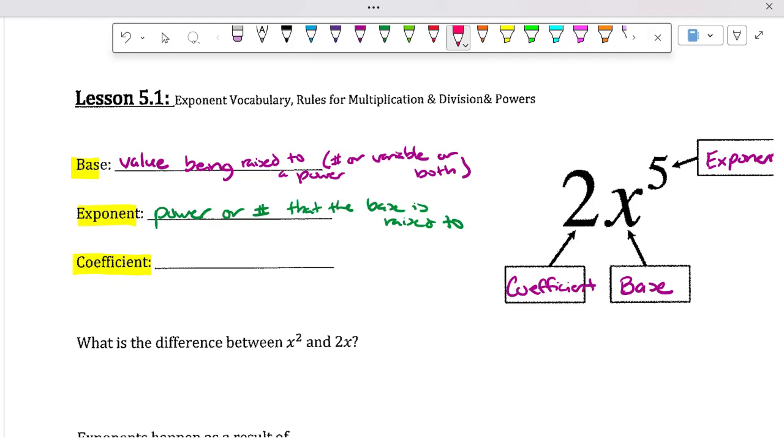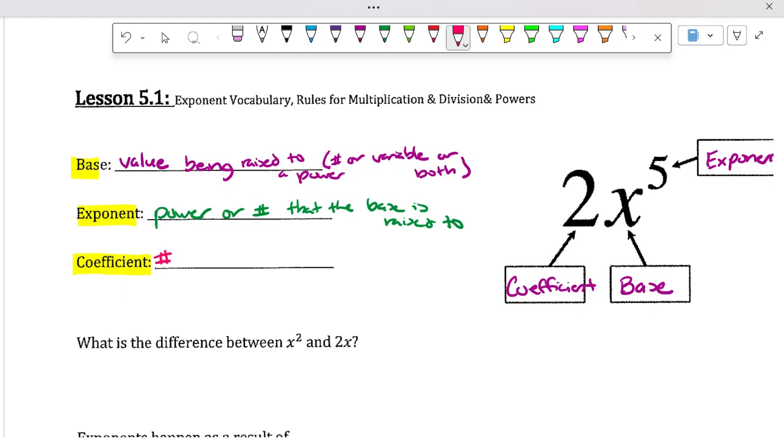An exponent, for the purposes we're using it for, will always be a number. But remember, that's not always true, especially if you have, say, an exponential function where x is actually in the exponent place. But again, you're not going to see those again until math 3. So you don't need to worry about that. For right now, your exponents are numbers.